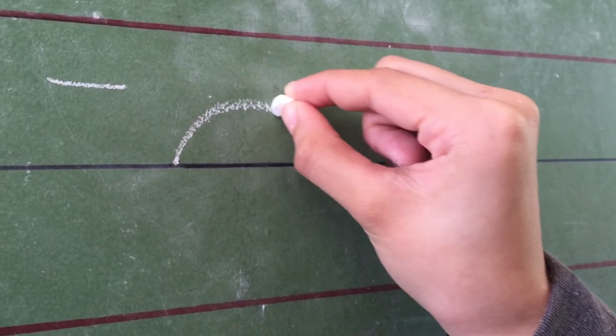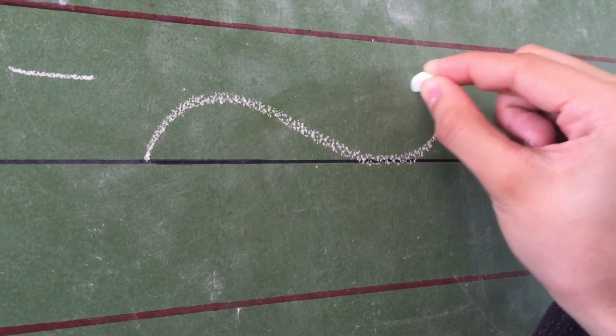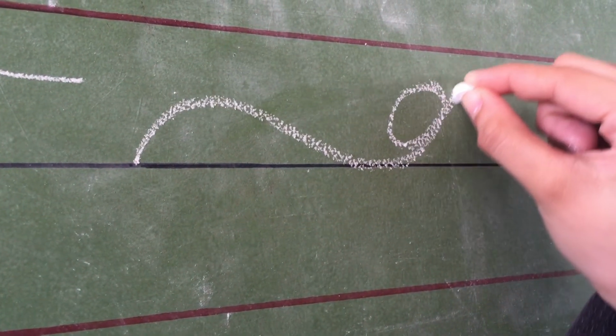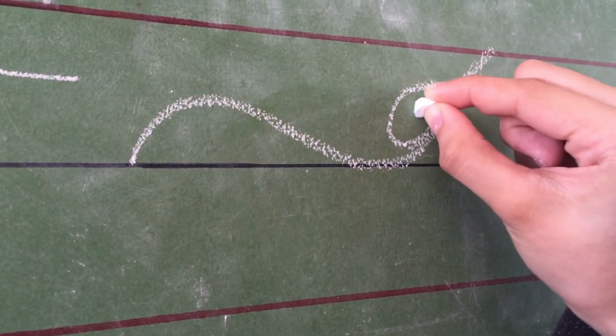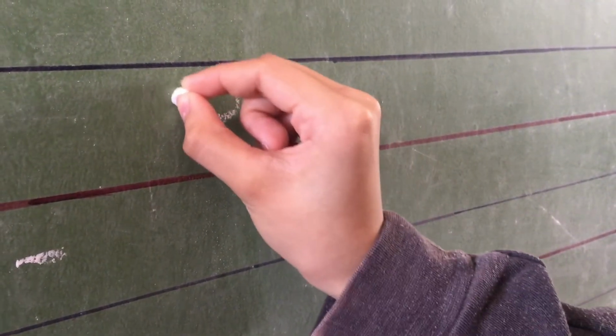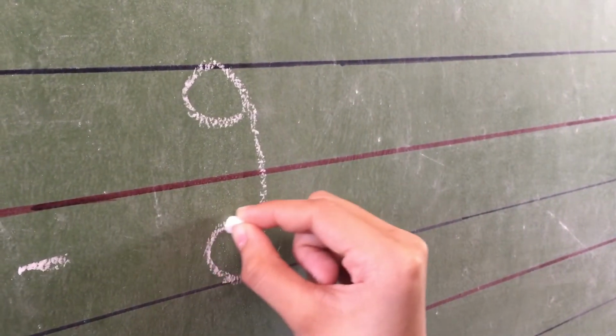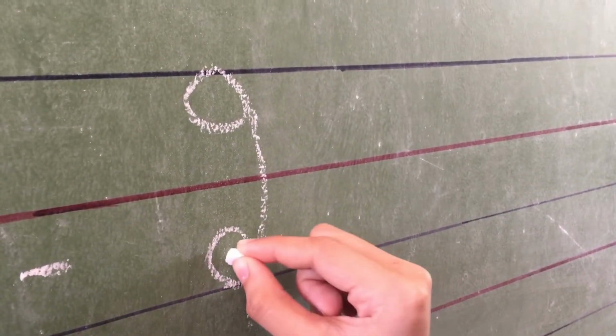Create is represented as K, R, sounds of EA, and D. Last is aviation, represented as A, V, sounds of IA, and Sean.